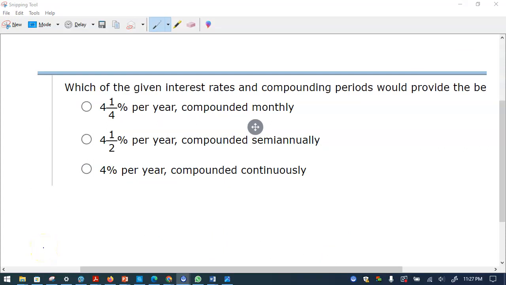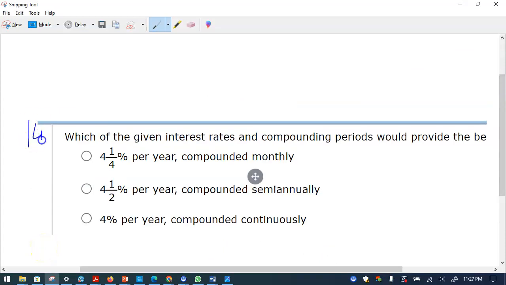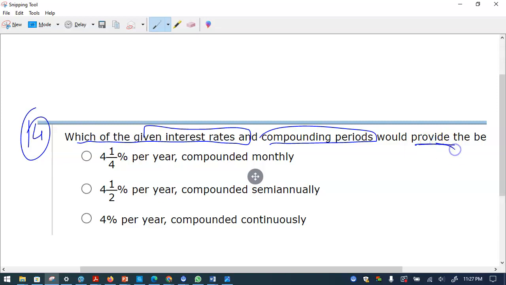Question number 14 is asking us which of the following interest rates and compounding periods would provide you the best returns when you deposit money in the bank? So we'll consider a principal amount of $1 and T as just 1 year.